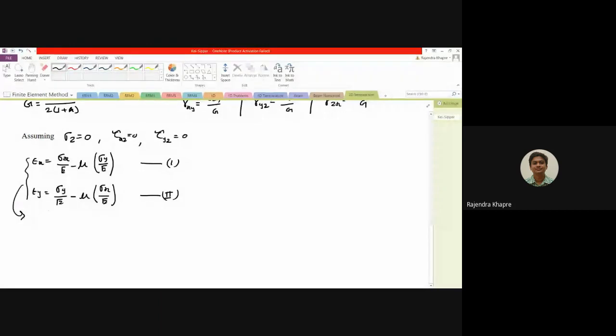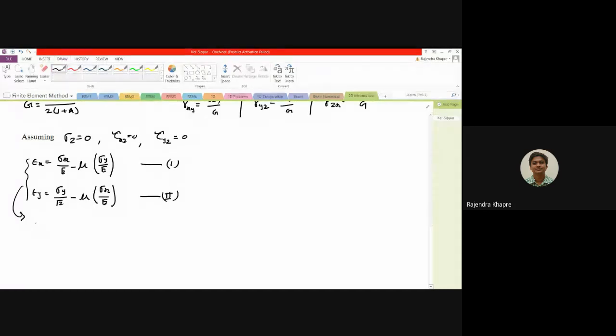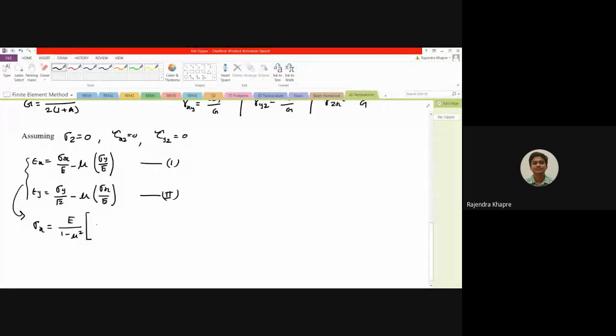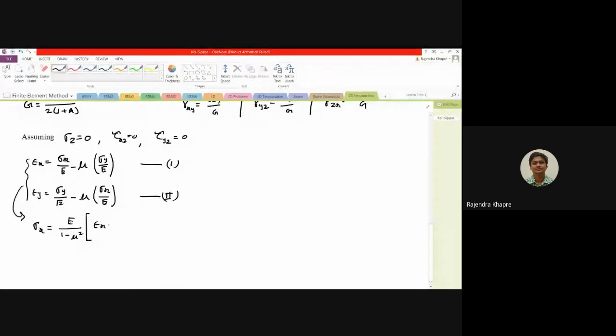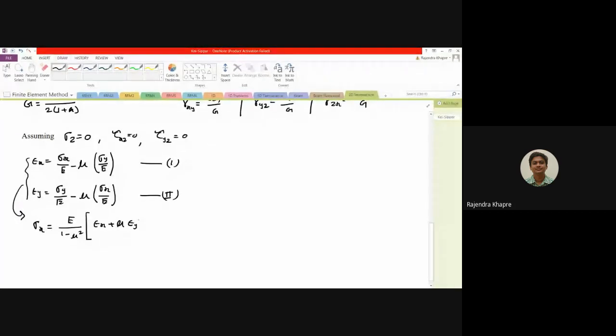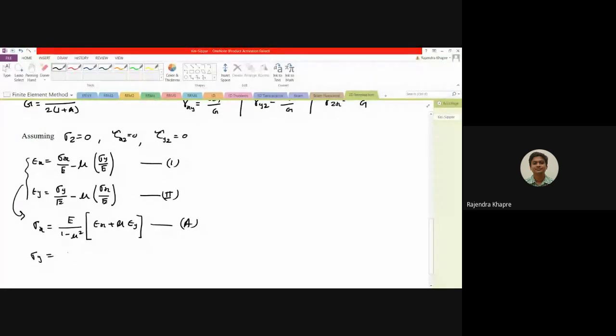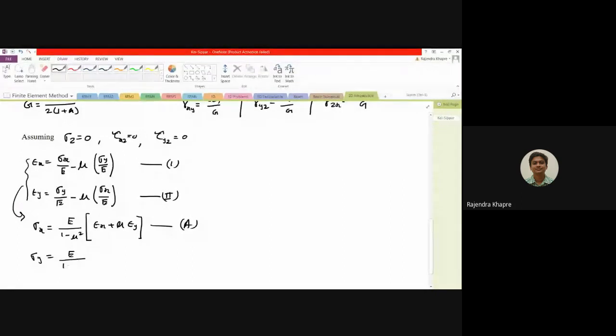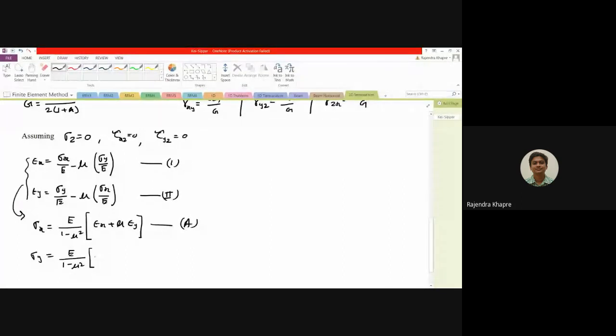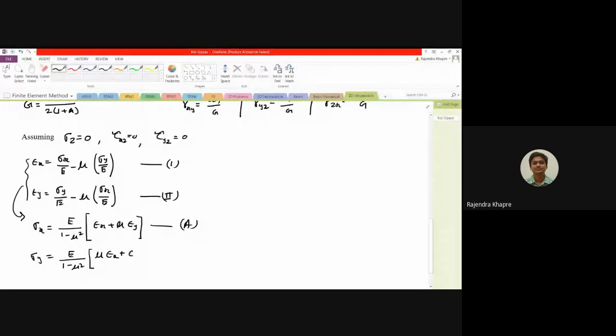After solving these expressions, what I am getting is something like this. Sigma x will be equal to E divided by 1 minus mu square, into epsilon x plus mu times epsilon y. And the other expression is sigma y equals E divided by 1 minus mu square, into mu times epsilon x plus epsilon y.